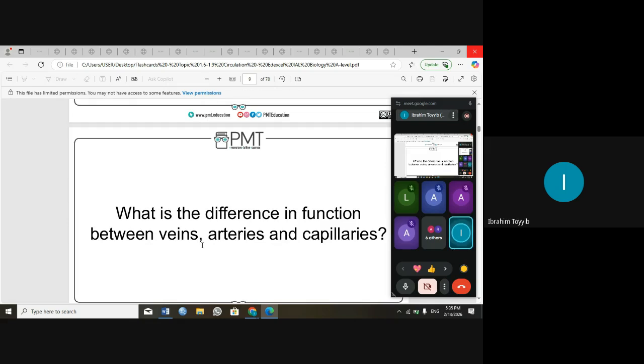You can also type. What is the function of veins, what is the function of arteries, what is the function of capillaries?